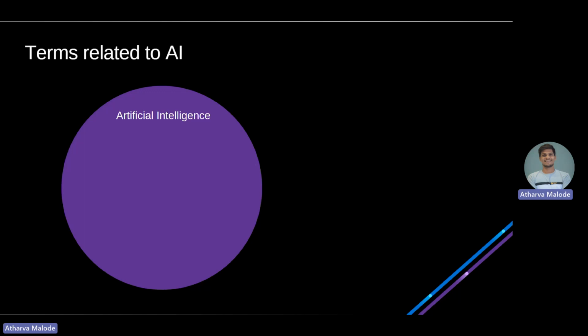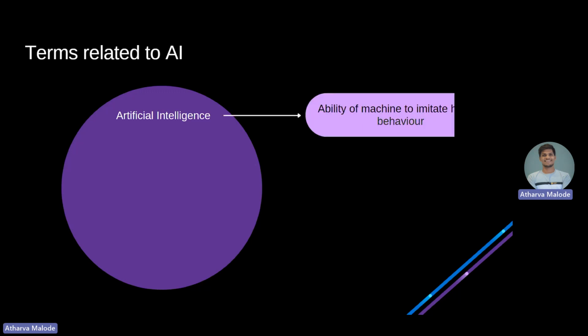There are a lot of algorithms and programming working at the backend. So this was an overview of artificial intelligence. Basically, artificial intelligence is the ability of a machine to imitate human behavior. In our example of the self-driving car, we are trying to imitate a person who can drive a car. So basically, we just try to mimic the human.